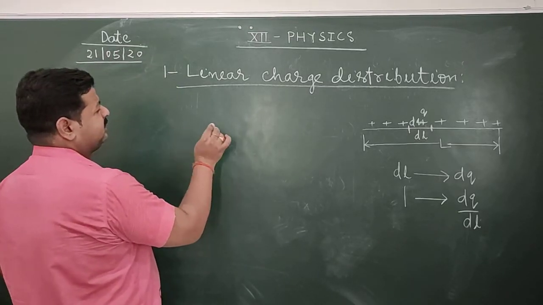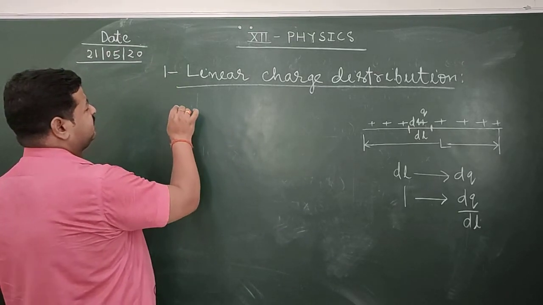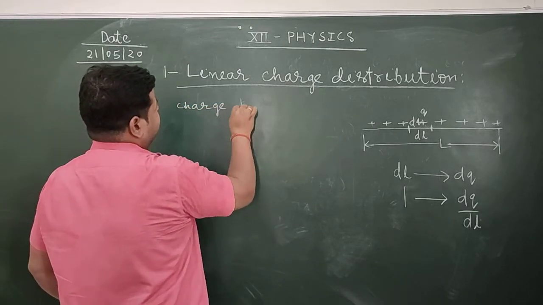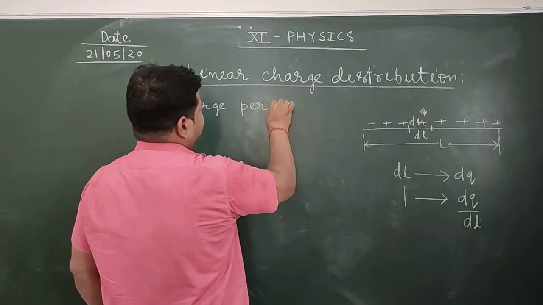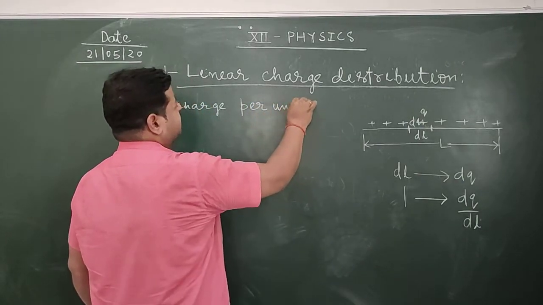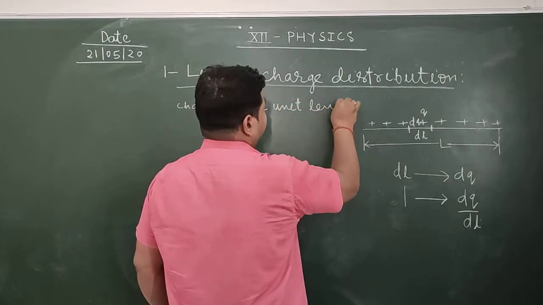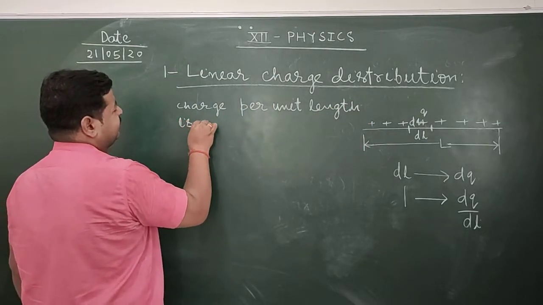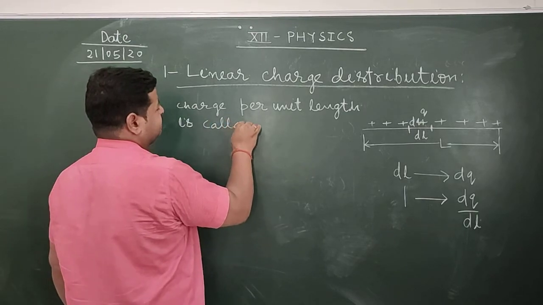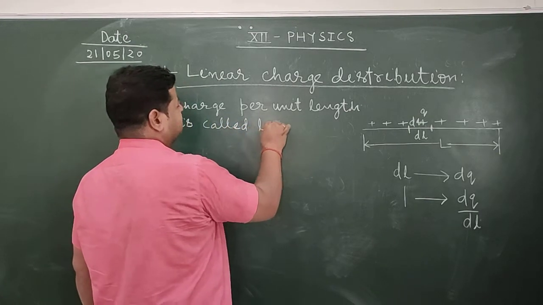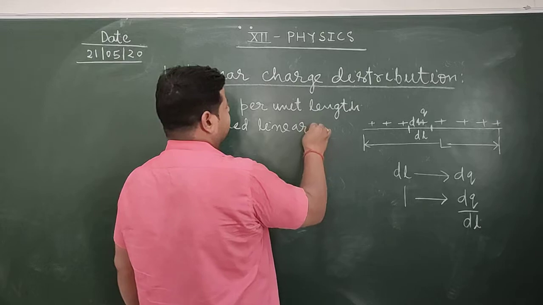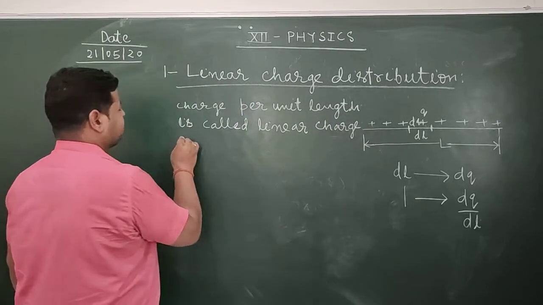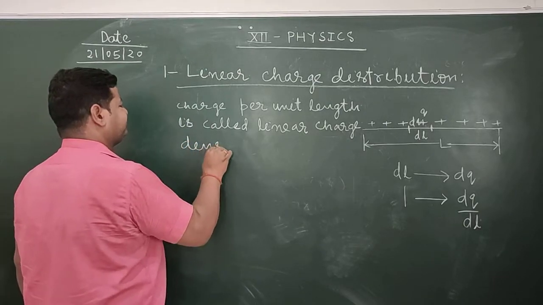So what is the definition of linear charge density? Charge per unit length is called linear charge density.